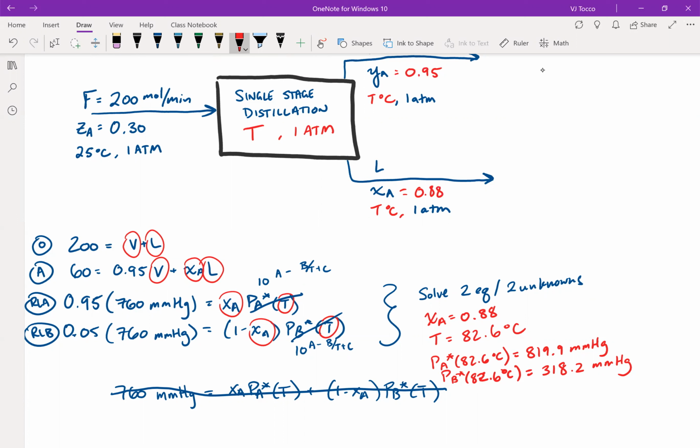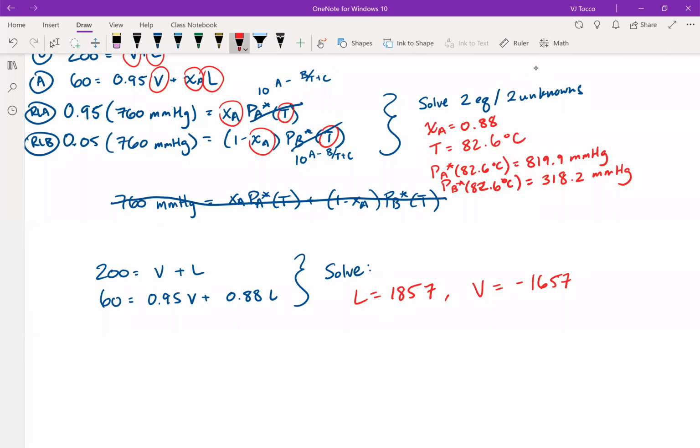And if we go further and we solve for V and L in this problem, we'll find what the issue is. When you solve this system with two equations, two unknowns, you get that L is equal to 1857 moles per hour, and V is negative 1657 moles per hour. Now, obviously, you cannot have a negative flow rate because that means that the flow should be going the opposite way. So what happened here?